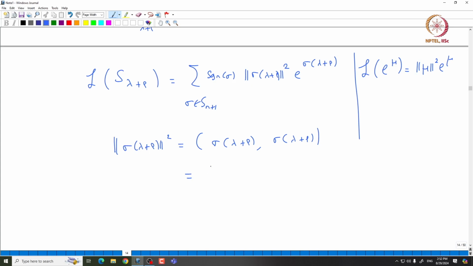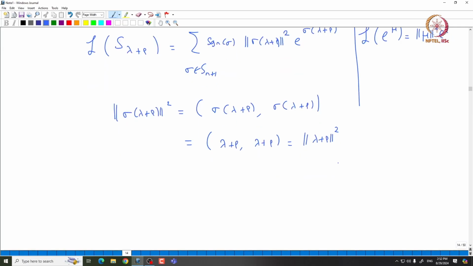All these sigmas act as orthogonal transformations, so they preserve the inner product. In particular this is exactly the same as the inner product of lambda+rho with lambda+rho, which is the norm of lambda+rho squared. Now if you substitute that in this equation, then you get L of s_{lambda+rho} is exactly equal to norm of lambda+rho squared times s_{lambda+rho}.